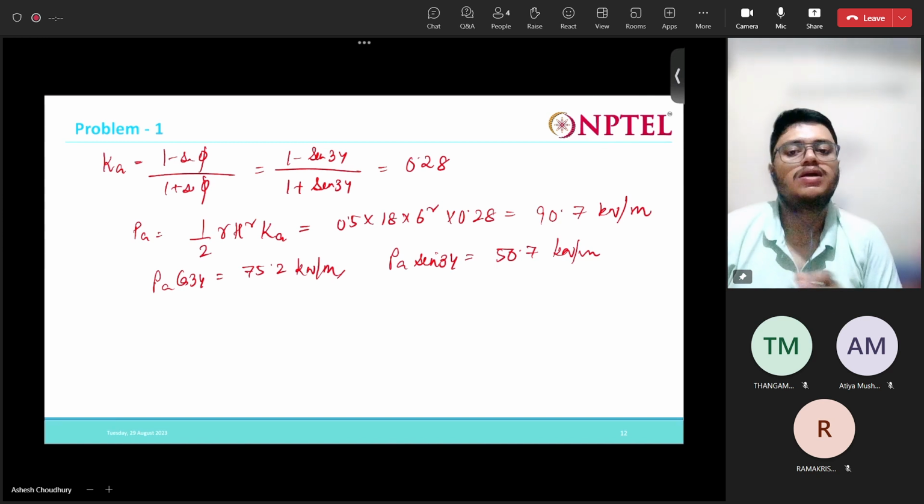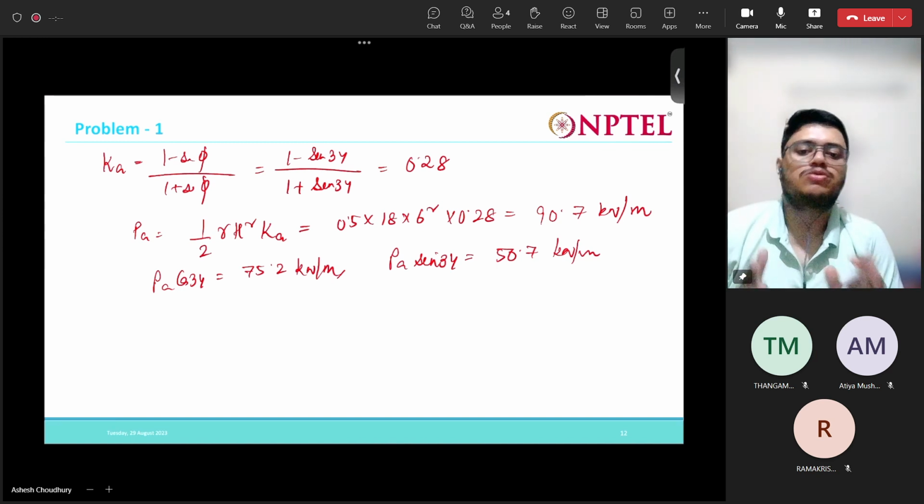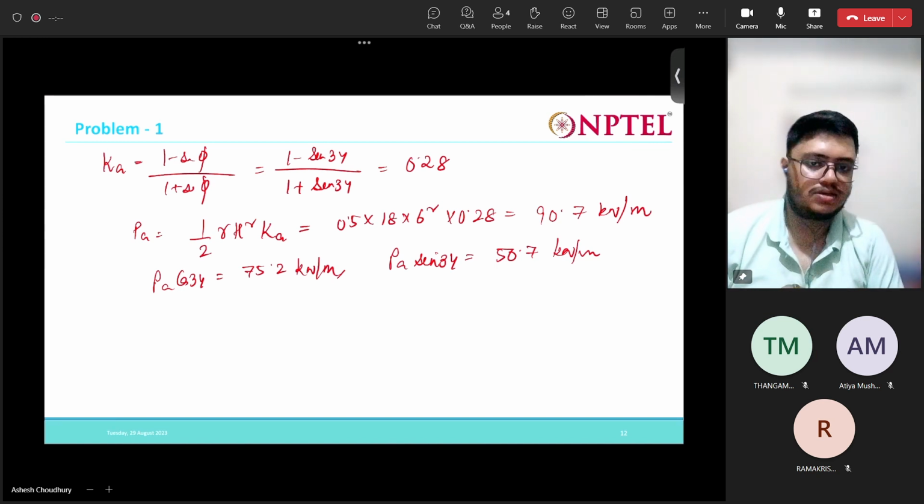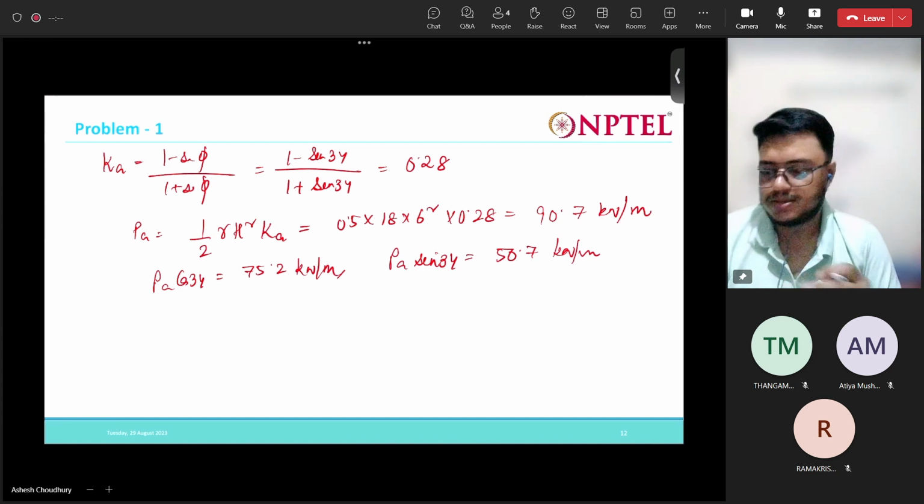Follow the method that was taught to you in the class, considering all the factors. Three or four problems were solved in the class, so follow that procedure. Don't follow this procedure, because this is very simplified, whatever is given in Coduto. Follow the procedure that was taught in the class.